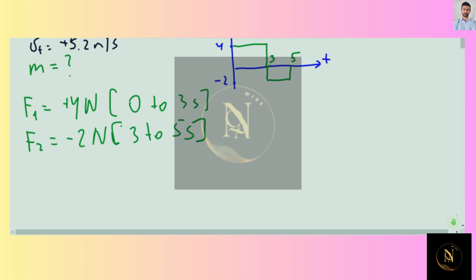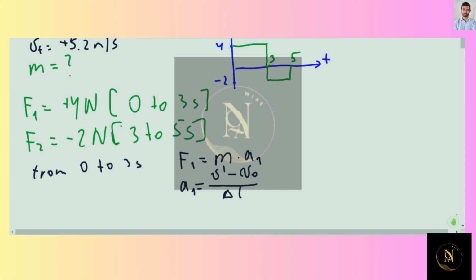So let's write down Newton's law for the first time period, from 0 to 3 seconds. F1 equals the mass of the object multiplied by the acceleration. Acceleration on the first stage equals the speed after 3 seconds, let's label it v prime, minus the initial speed, divided by delta t.